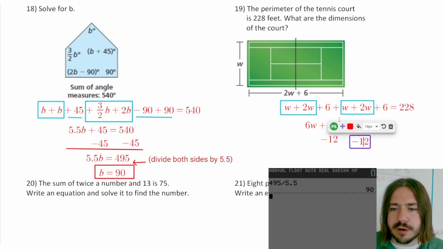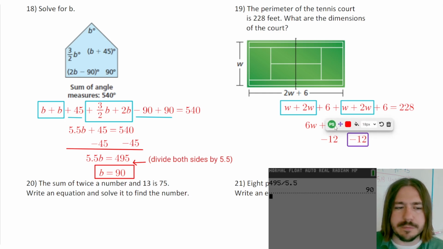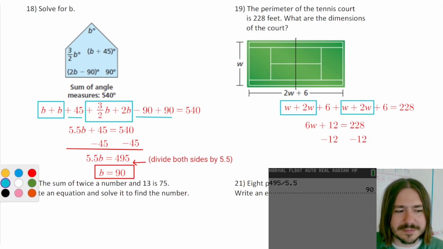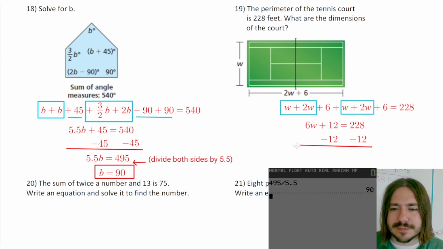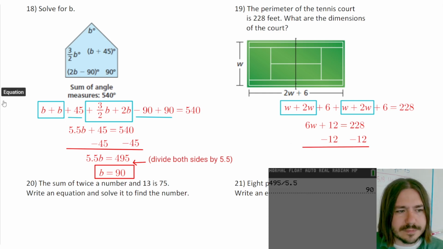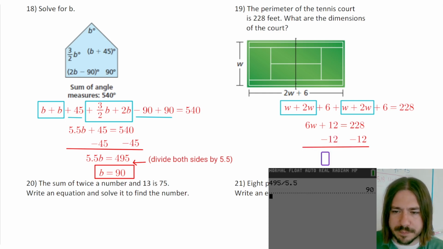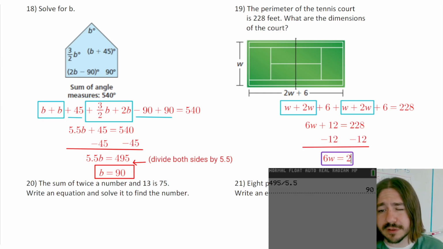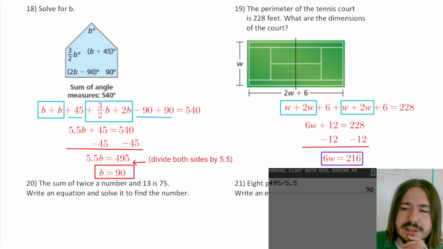And I think we're going to run out of room like the last one. Should have left a little bit more space here, I think, on this. Okay, so 6W equals 228 minus 12 is going to be 216.